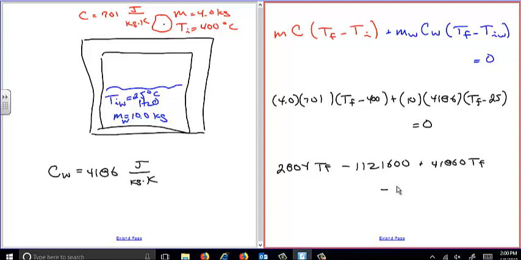So then you get negative 1,046,500 equals 0. So add these two together, 2,804 plus 41,860.